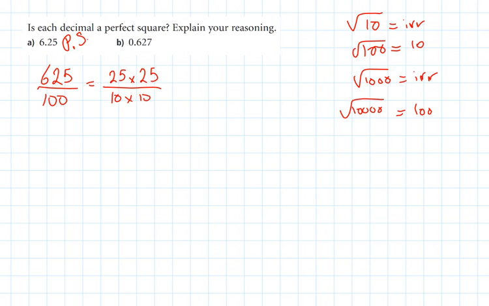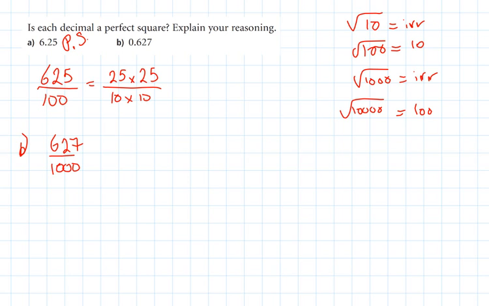What about the part B? So this one here is 627 over 1000. So neither the top or the bottom have two factors that multiply to give you 627 or 1000. You can look at this because 625 is 25 times 25. So if you go one up, you're gonna go way over 627.